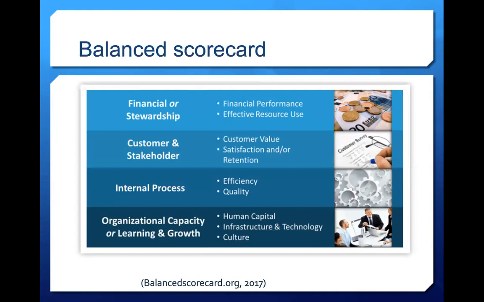They link the ultimate goal of the company, which revolves around financial performance, back to the customer and the stakeholder. What we need to do for the customers to gain their support revolves around customer value, satisfaction, and also retention of the customers. So what do we need to do to ensure that is achieved?